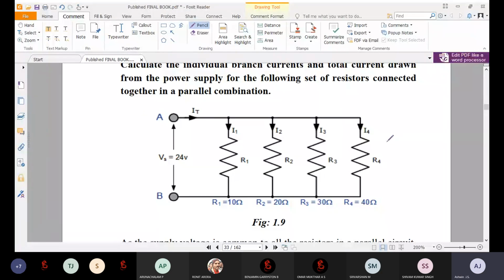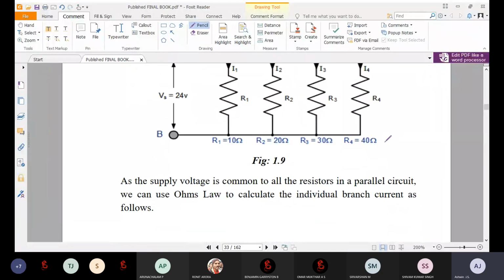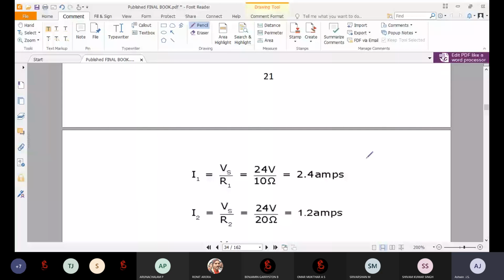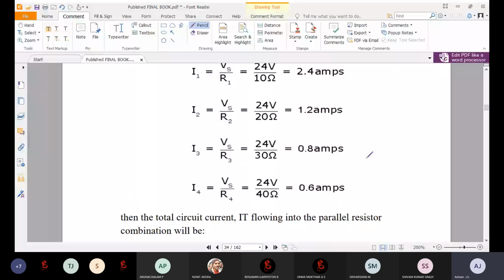Try to solve it right now. Just take 5 minutes, not more than that. It's just simple. Directly you apply the values into the formula and you get the value.